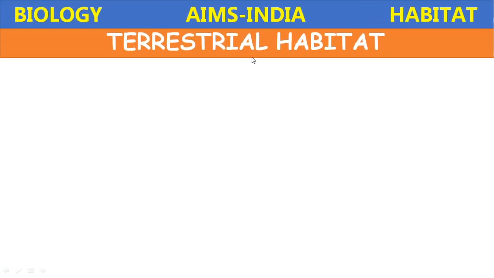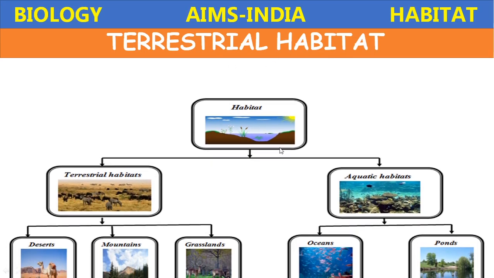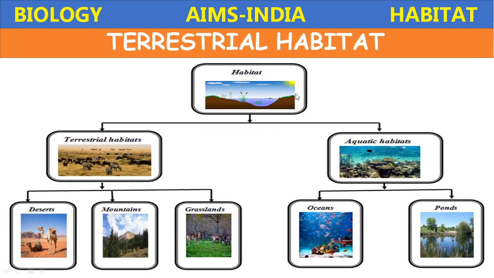Next, the different habitats. The habitat means the place or environment where an organism survives or lives naturally. Basically, habitat is divided into two main types: terrestrial habitats and aquatic habitats.